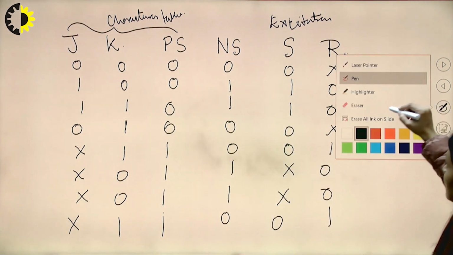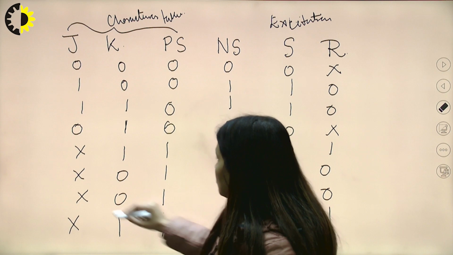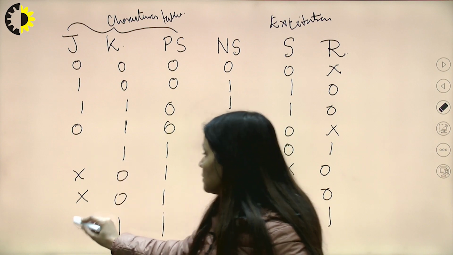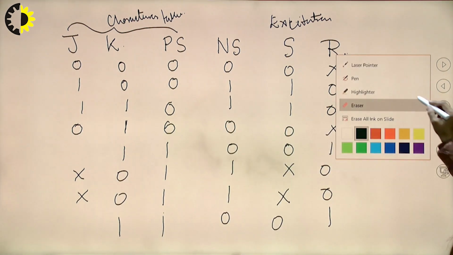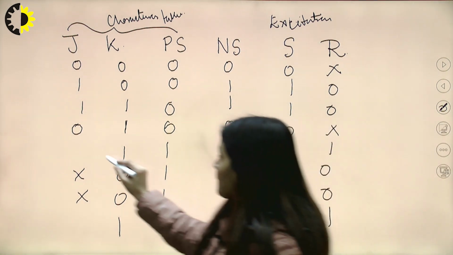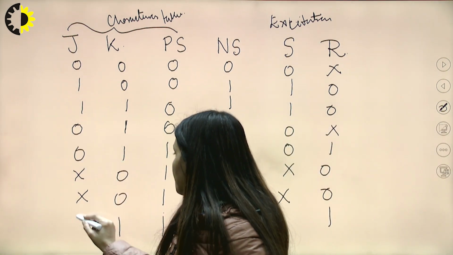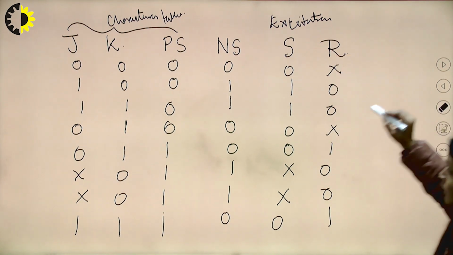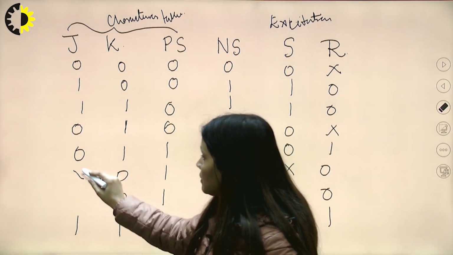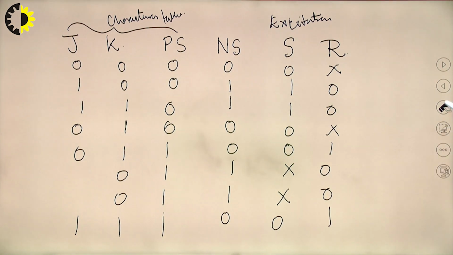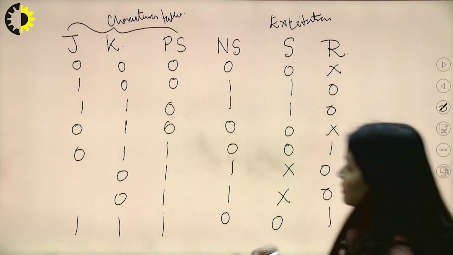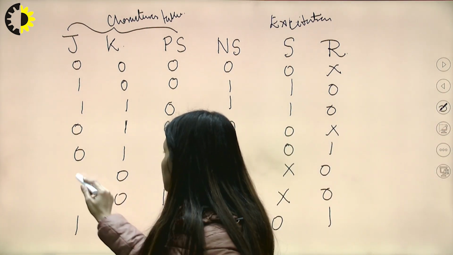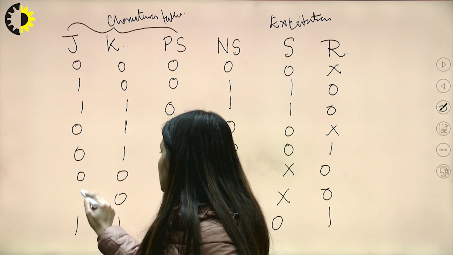Similarly for the two same entries, similarly I will make this as 0.